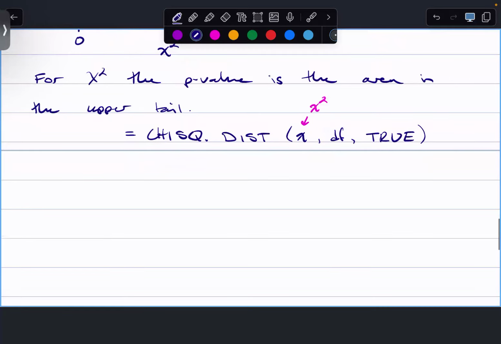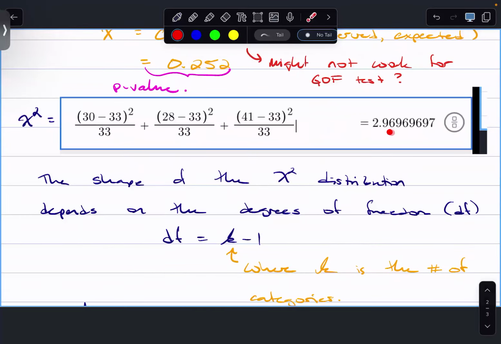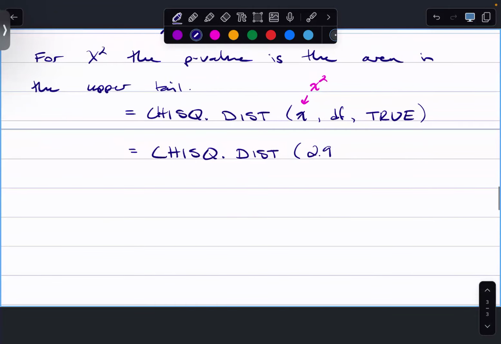So let's try CHISQ.DIST of, ideally, the cell where you got the 2.97-ish, with 2 degrees of freedom and cumulative. That should give the area to the left, I think it said, right? Yeah.